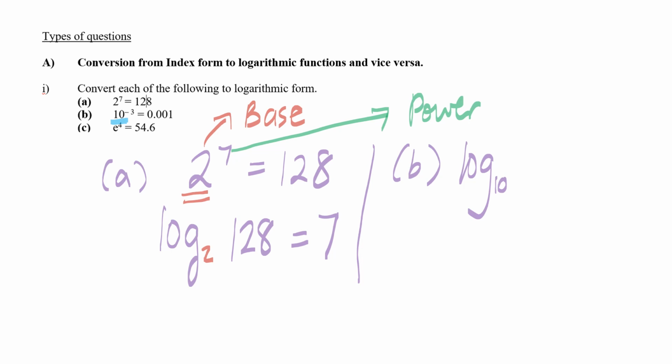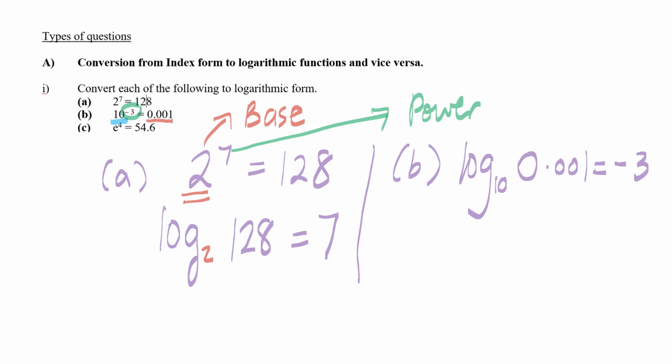After that, the value you get for 10 to the power of negative 3, this answer here, you fill it after your log base 10. And then the answer will be the power of the index form, which is negative 3.